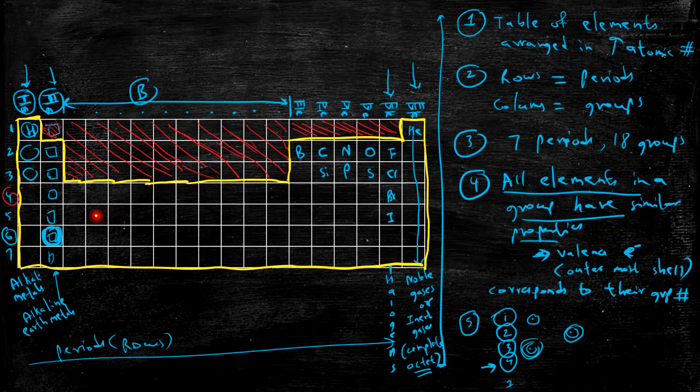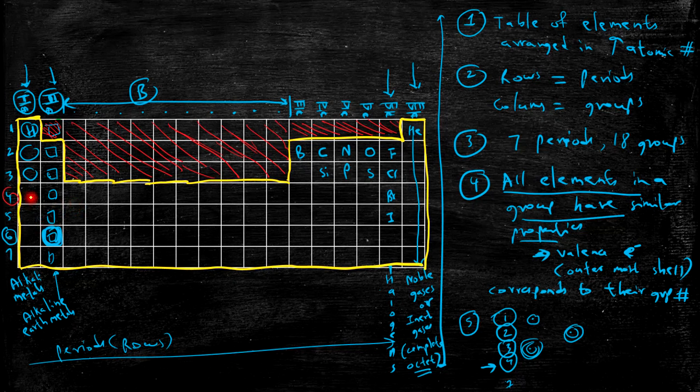Okay, so far we talked about the periods, we talked about the columns, we gave various names. The main ones are alkali metals, alkaline earth metals, noble gases, halogens. You have to understand that as you go from left to right, or as you go from top to bottom, as you add new elements, the number of protons in the nucleus is increasing. In other words, the number of electrons is increasing.